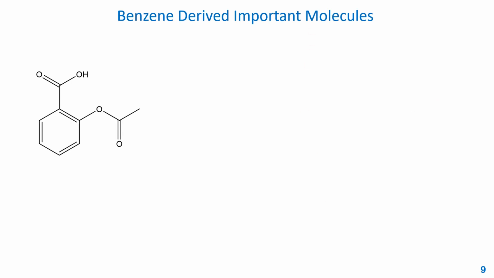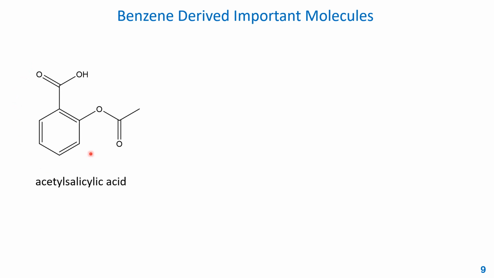Okay. A lot of important molecules or biologically active molecules have benzene as a core structure. For example, here, this is a medicine. It's called acetylsalicylic acid. You can see the core here is the benzene with the acid.